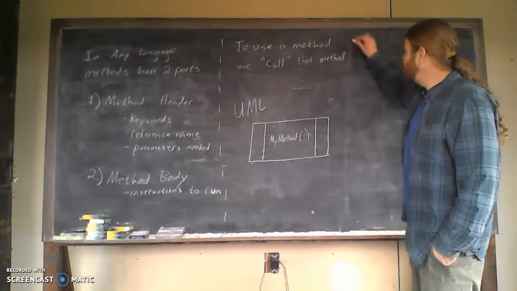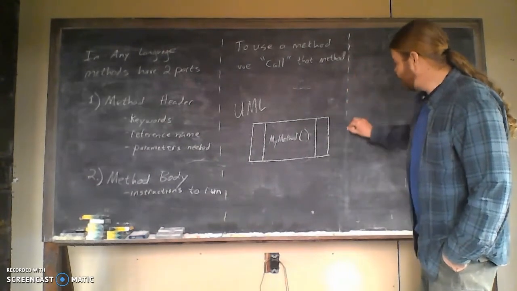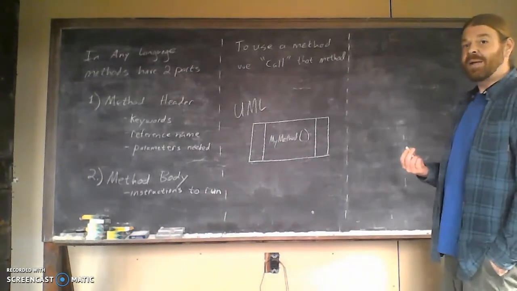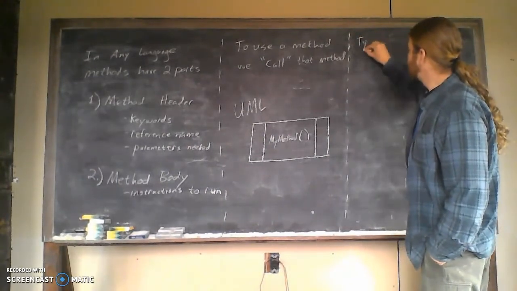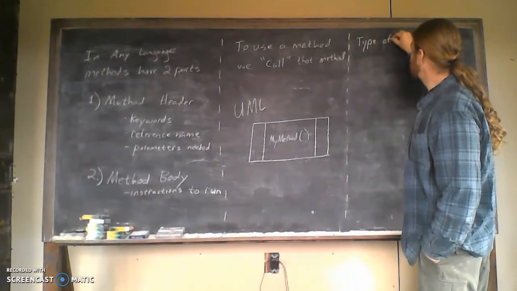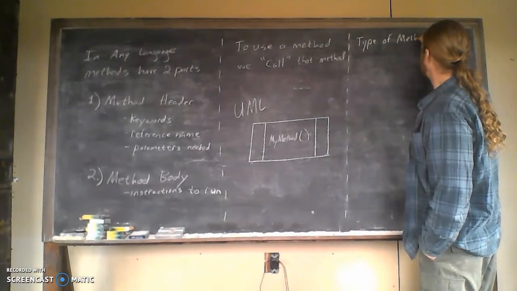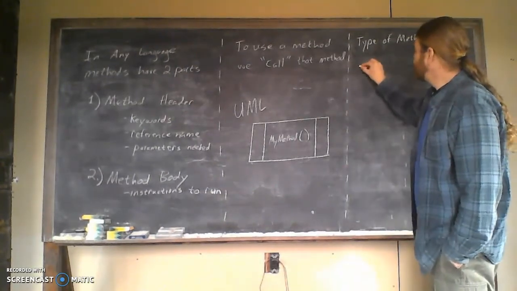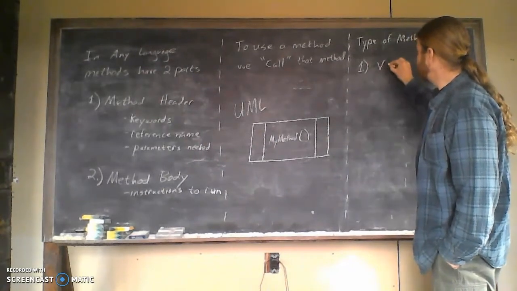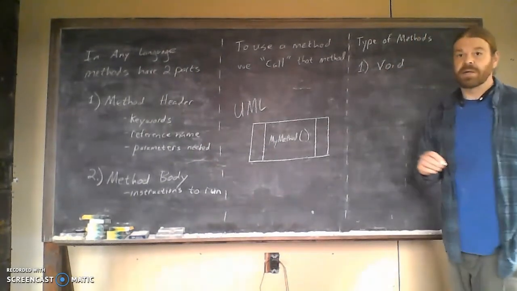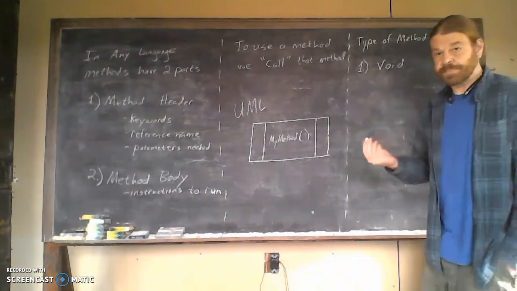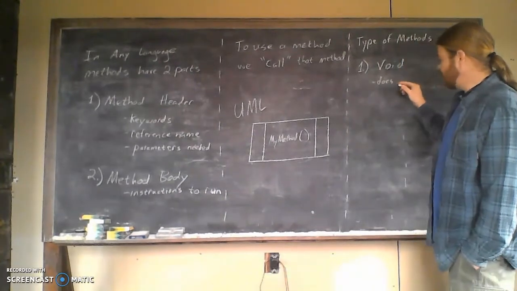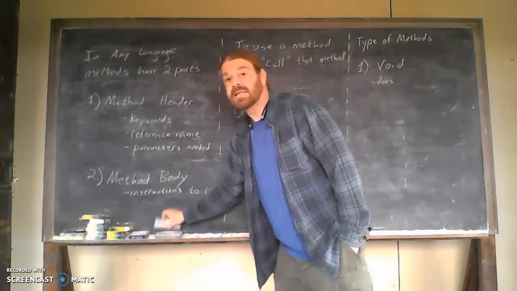So one more generalization, looks like it'll fit here on the board too, and that's the type of methods. Again, we have two basic types. Our first one is a void. Does not return anything. Actually, I'm just going to write a void method, just does stuff, and that's it.